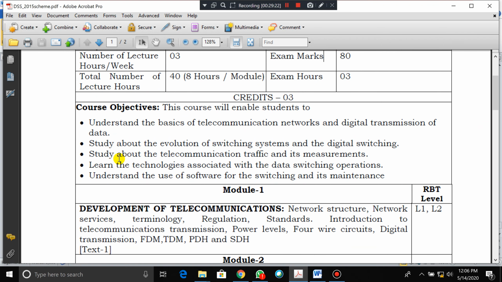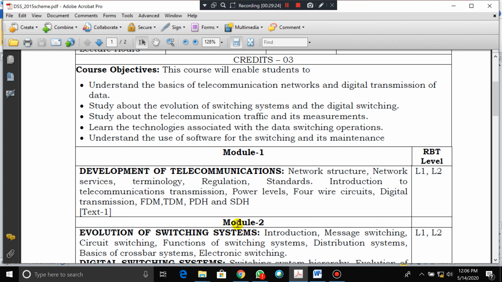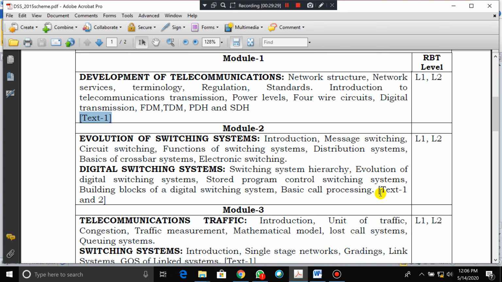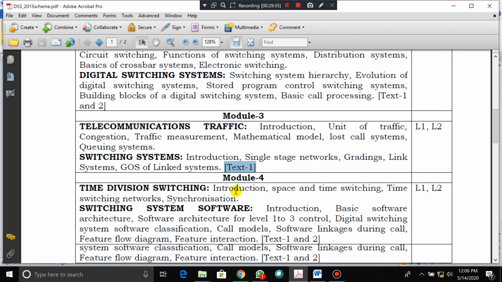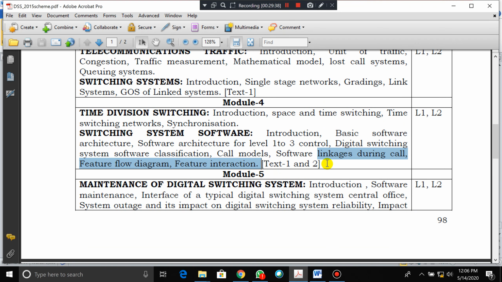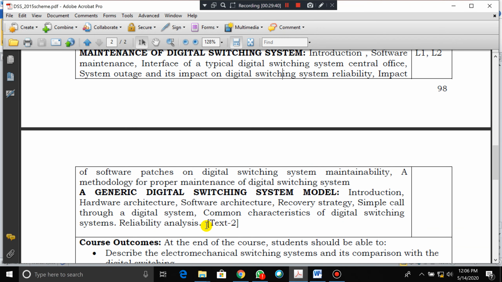Module 1 is full of theory, which is from textbook 1 only, as given in the syllabus. Module 2 is from textbook 1 and 2, both we have to use. For module 3 you have to use only textbook number 1. For module 4 you have to use both textbooks, and for module 5 only textbook number 2.